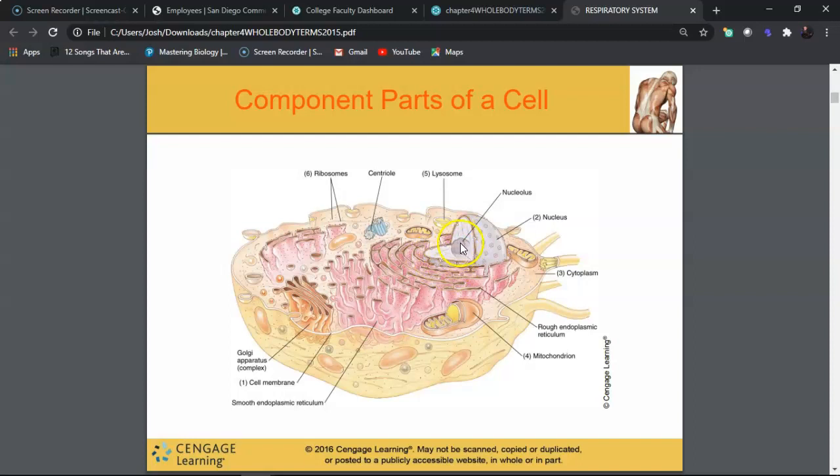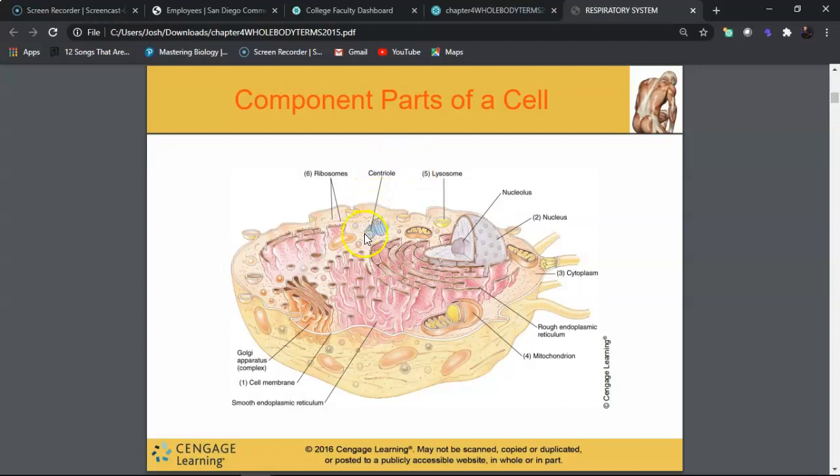So there's RNA in here that produces ribosomes. Then we have the lysosome, which also ends in some. The lysosome is sort of the vacuum cleaner of the cell. It secretes enzymes, helps to break down debris, and gets rid of any excess waste products that are made.